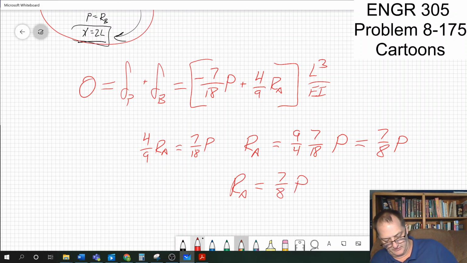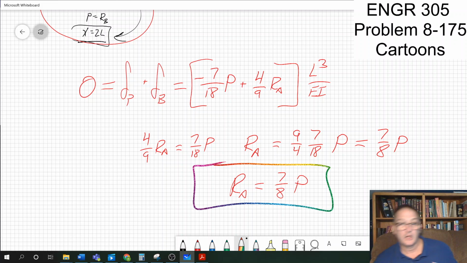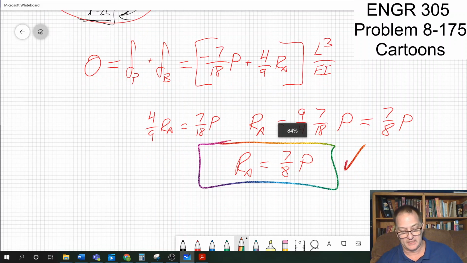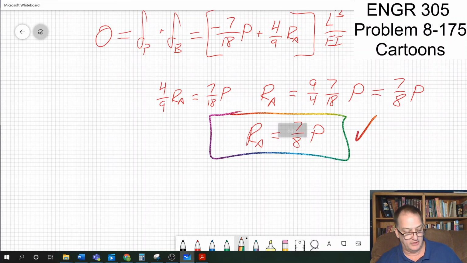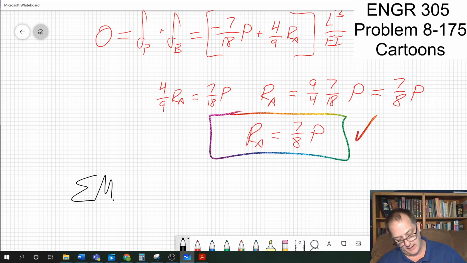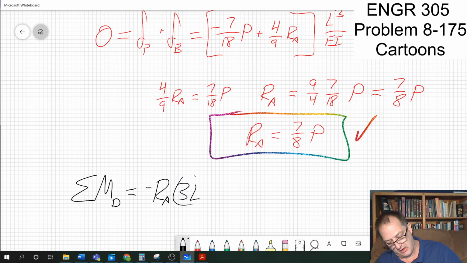Now, for those of you who are watching at home, if you have already done the solution by integration, that's correct. Bam! At that point in the integration solution, that's when I said I need to do the sum of the moments about D, because then I get minus the reaction force of A times 3L.